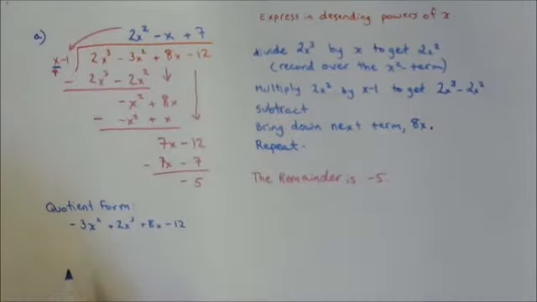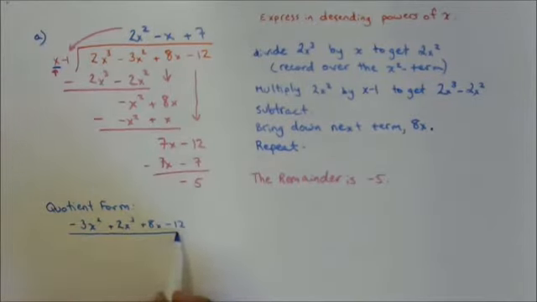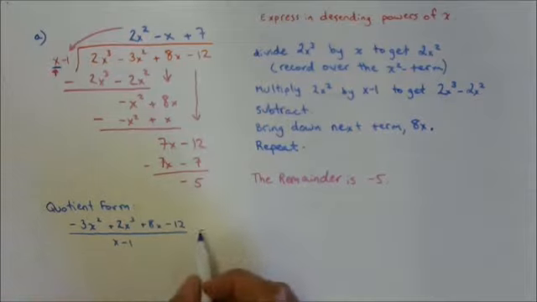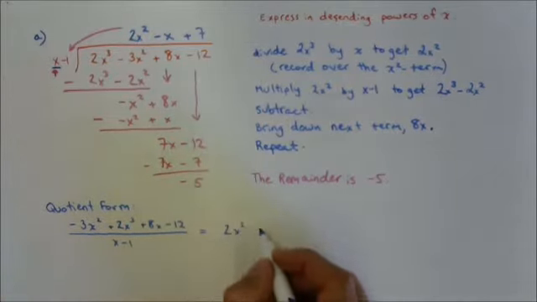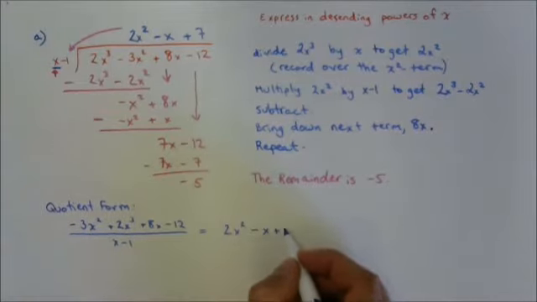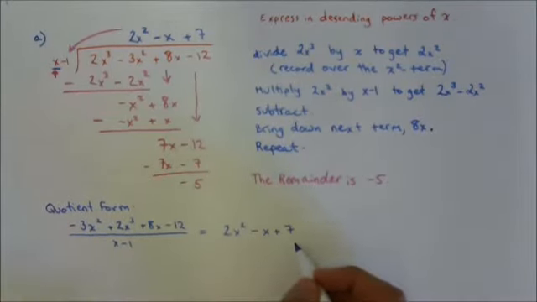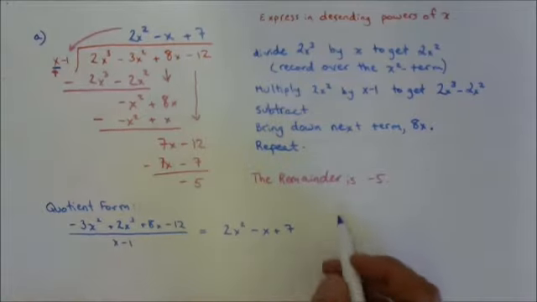We divided that by x minus 1 and got 2x squared minus x plus 7 with a remainder of negative 5.